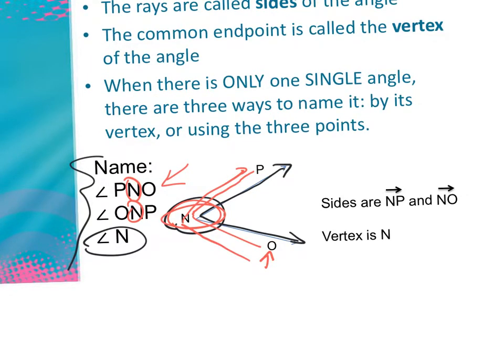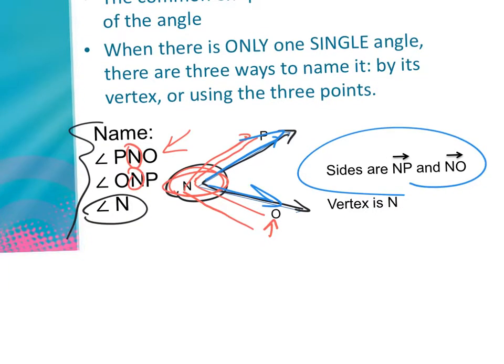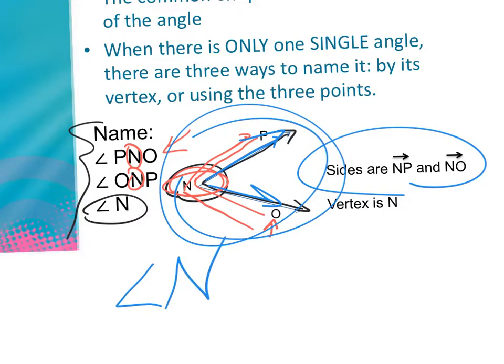Again, the sides of my angle are created by 2 rays. Our little symbol for angle is this little slanty L looking thing. If I wanted to name this angle with just one letter, I could say angle N. Otherwise, I would use 3 letters. When there is more than one angle sitting at N, we have to use 3 letters.